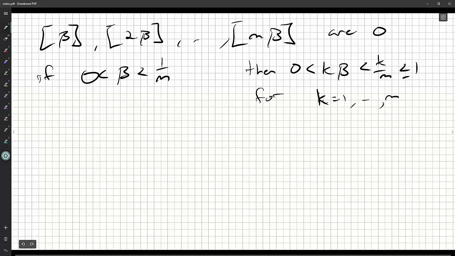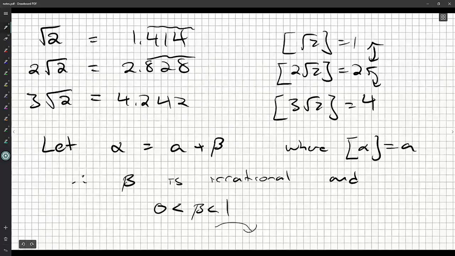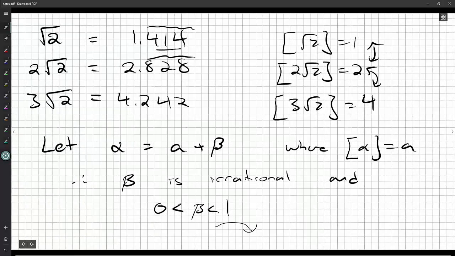For root 2, the beta part here is less than a half, which is why I can get an arithmetic sequence pretty quickly of 2. But it's not less than 1/3, which is why after 3 times root 2, we get this jump.